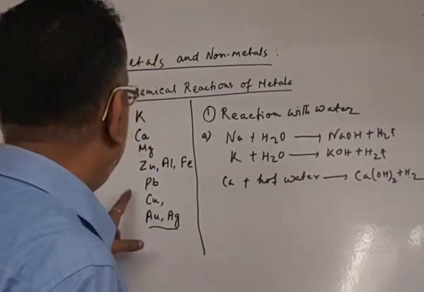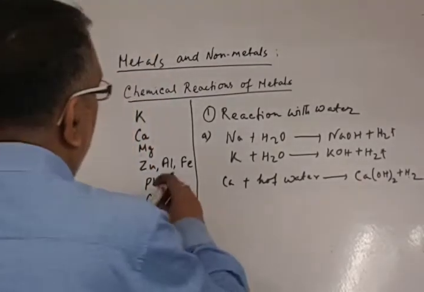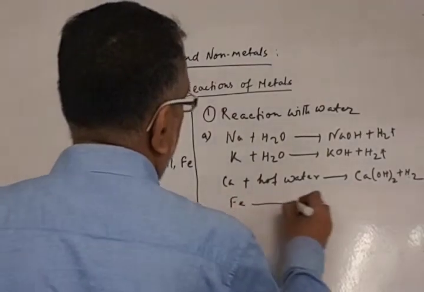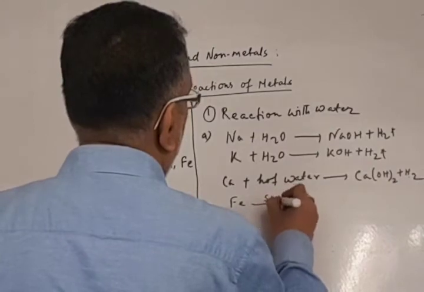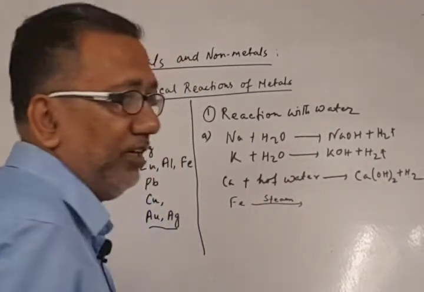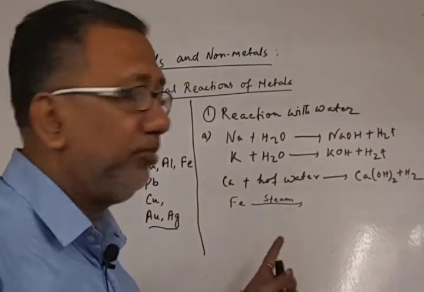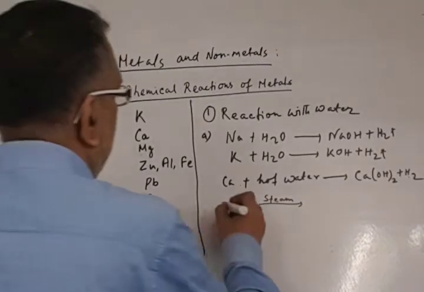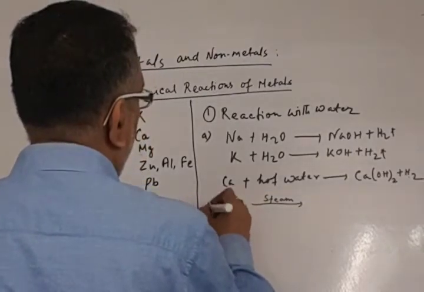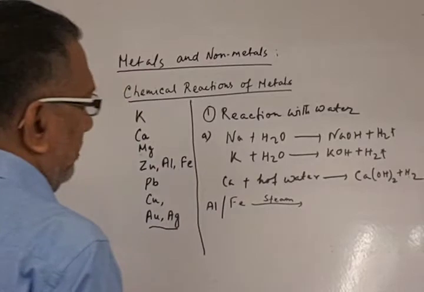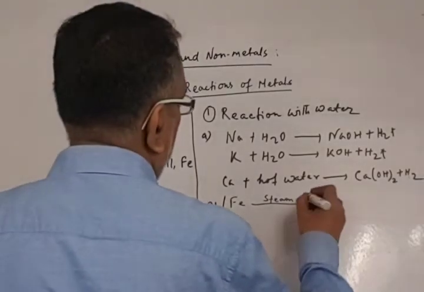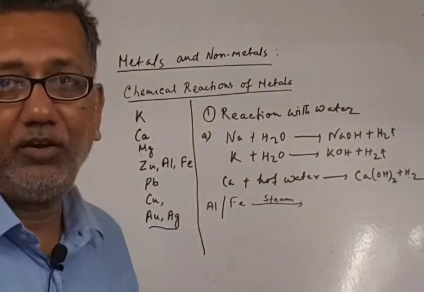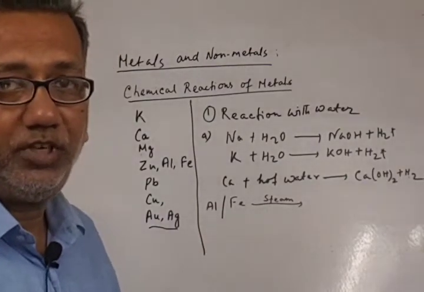In the case of zinc, aluminium, or iron, steam is required to react with them. Here, with aluminium or iron, we get hydrogen gas and the corresponding oxide of the metal.